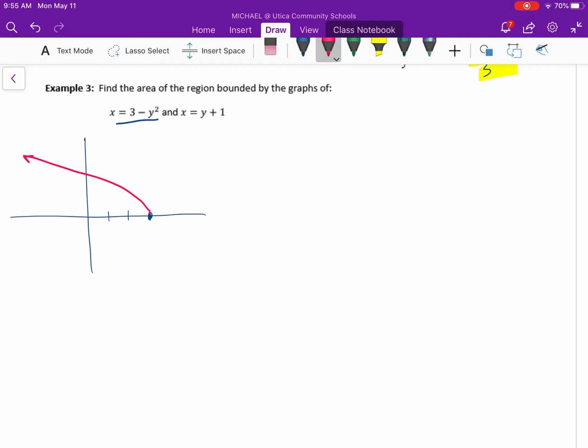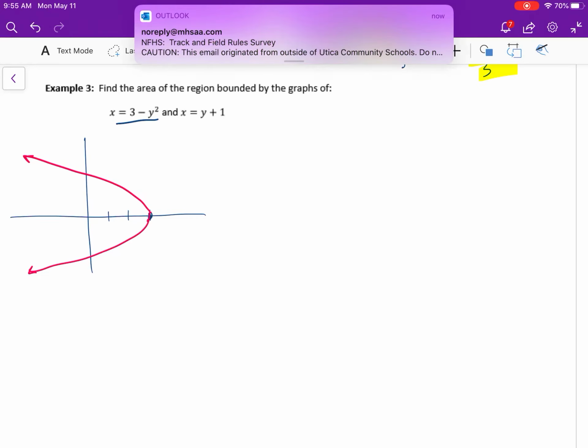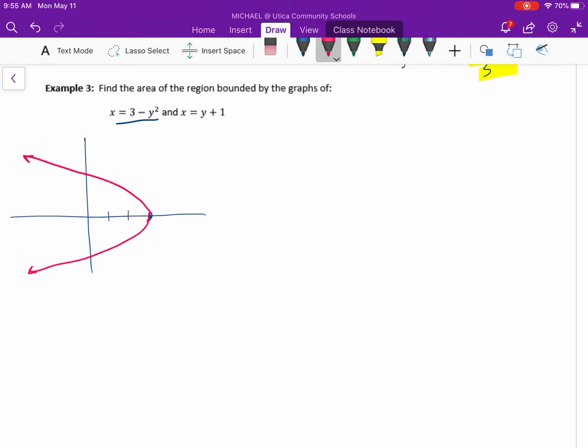So 3, and it opens to the left. x equals y plus 1 is the same as y equals x minus 1. So that would be minus 1, like that. So this is an example where we want this area here.